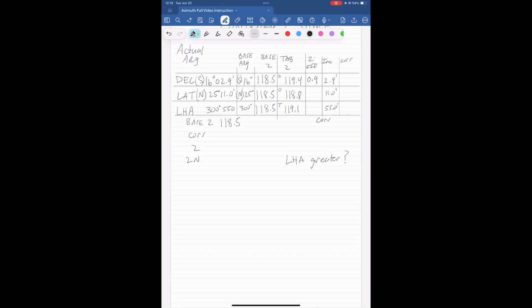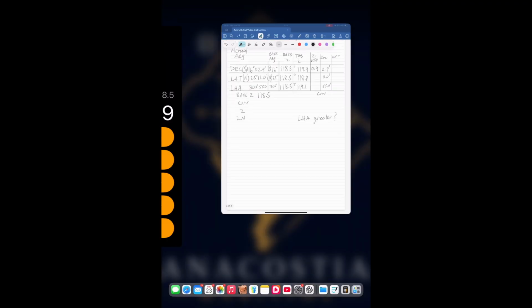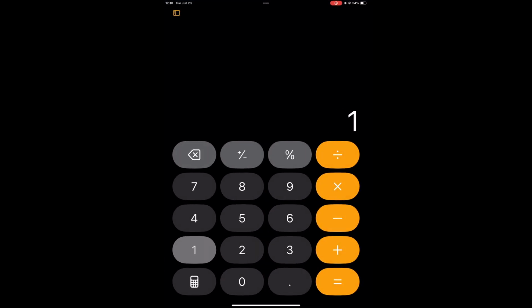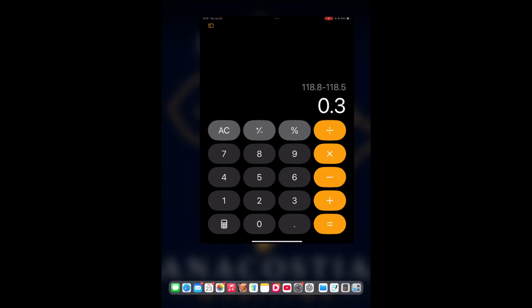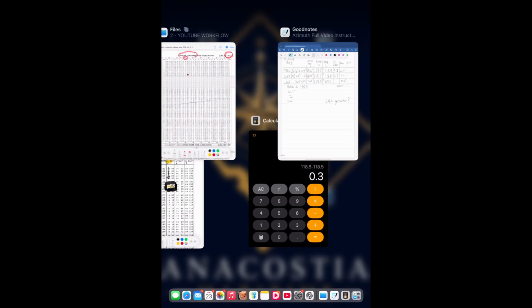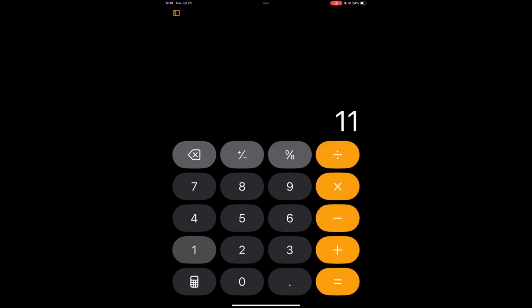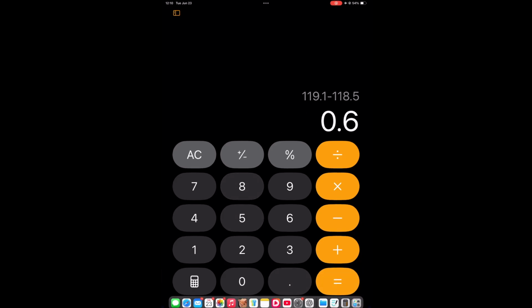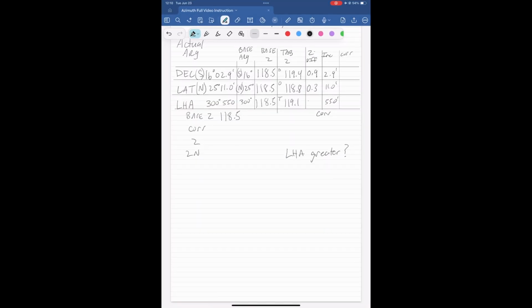All right, 118.8 minus 118.5. That's 0.3. And 119.1 minus 118.5, 0.6.